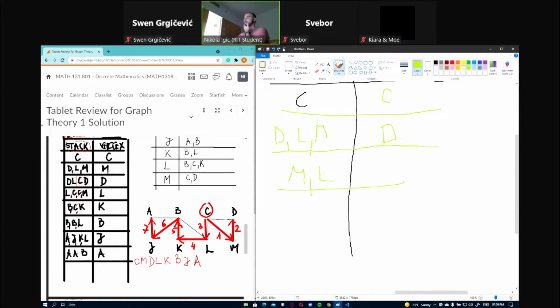So DLM to D. Okay, I wrote it. Then from D, I'm going to M, but I'm not going from D, I'm going from C to M. How to write in this notation? Just a second to remember.